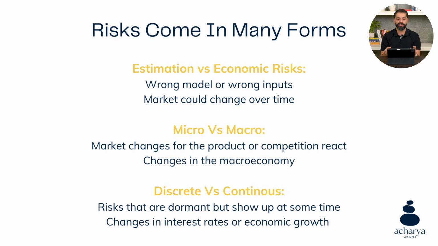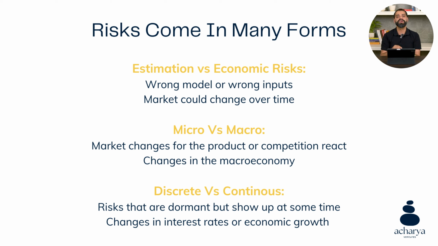And then there are continuous risks. Things like changes in interest rates or economic growth. The country's economic growth slows down. The federal bank changes the interest rate. You see why a lot of financial analysts and markets immediately react to any kind of rate cuts by the US Fed or the RBI or any other country's central bank changing the interest rates.